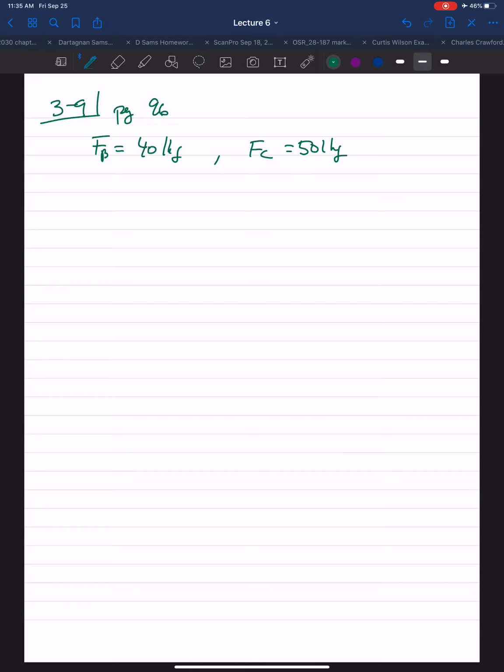There's 30 degrees between FB and the perpendicular to the bar.